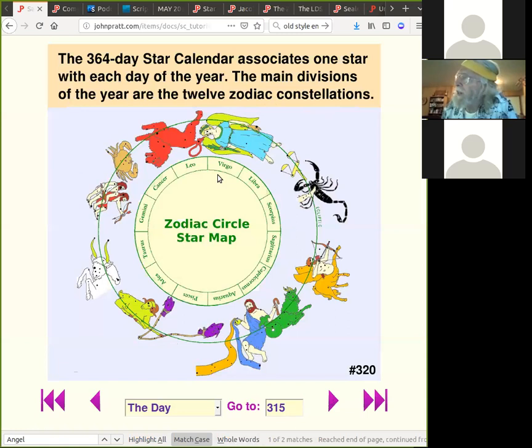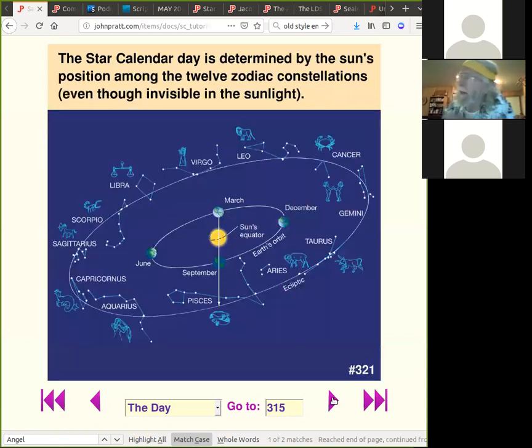Now, this slide shows equally spaced constellations, which is the usual way to do it, but you'll see that Virgo is way more than her 30-degree slot, and Libra is only about half of one. We'll come back to that, but you'll see the lengths are different.